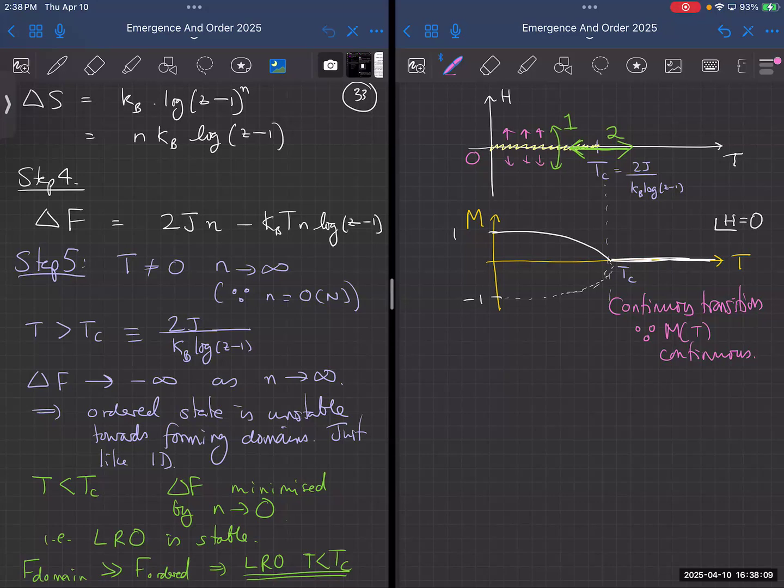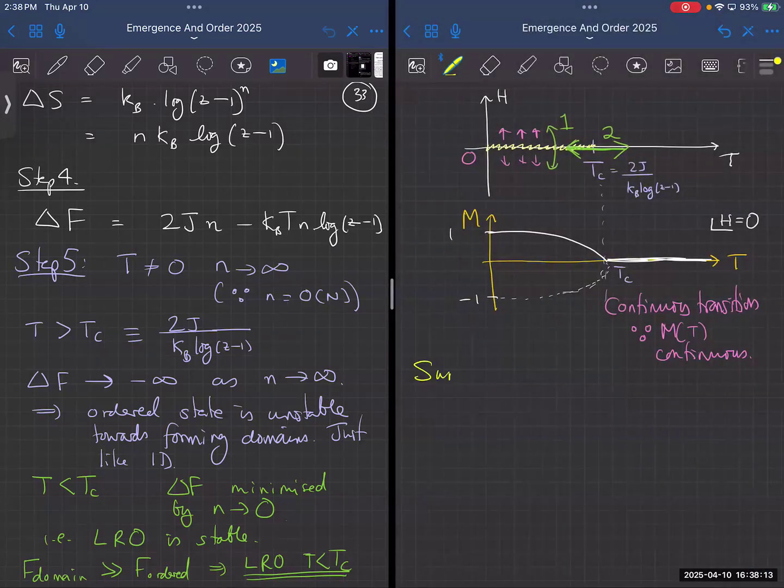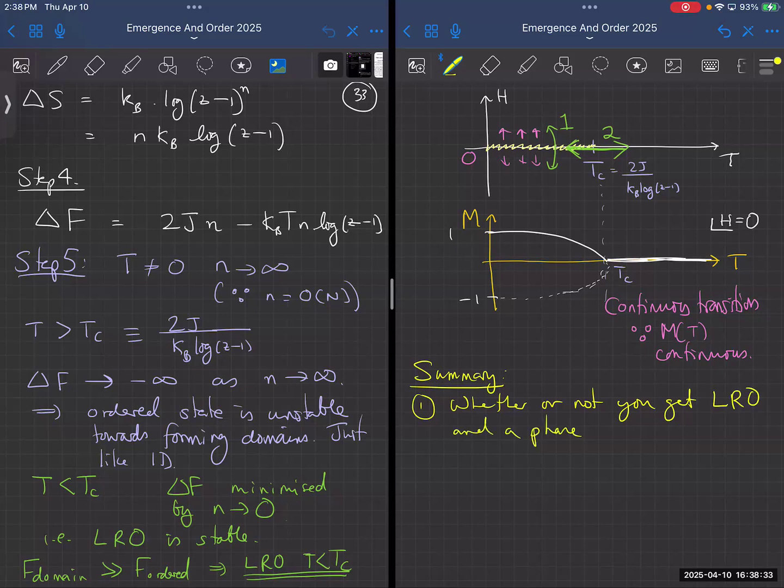Okay, so let's just summarize this section. The summary is pretty interesting. Whether or not you get long range order and a phase transition depends on a bunch of things.